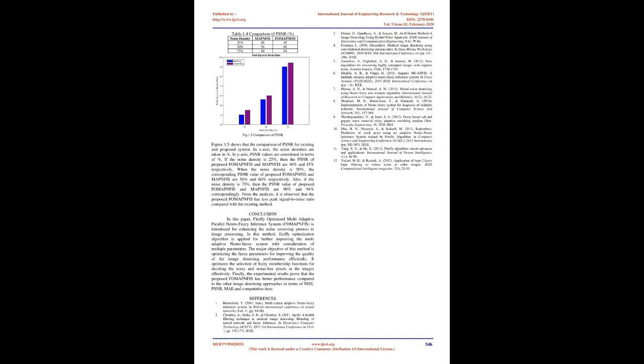If the noise density is 25%, then the computation time of proposed FOMAPNFIs and MAPNFIs are 1.51 milliseconds and 0.86 milliseconds respectively. For the noise density of 50%, the corresponding computation times of proposed FOMAPNFIs and MAPNFIs are 2.5 milliseconds and 1.23 milliseconds respectively.